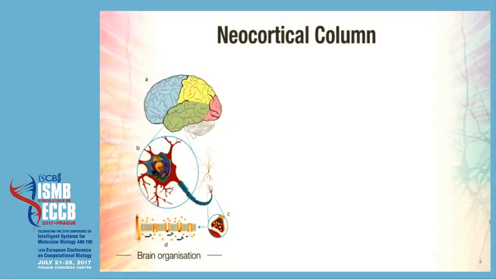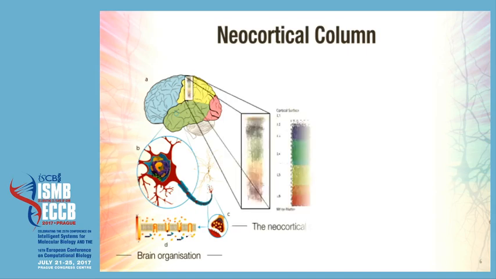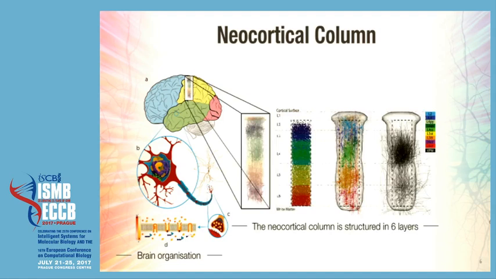Just to give a quick introduction about the model, we reconstruct what's called the neocortical column, the most basic elementary unit of the somatosensory cortex. The column is composed of 6 different layers, and this is the way we structure it.